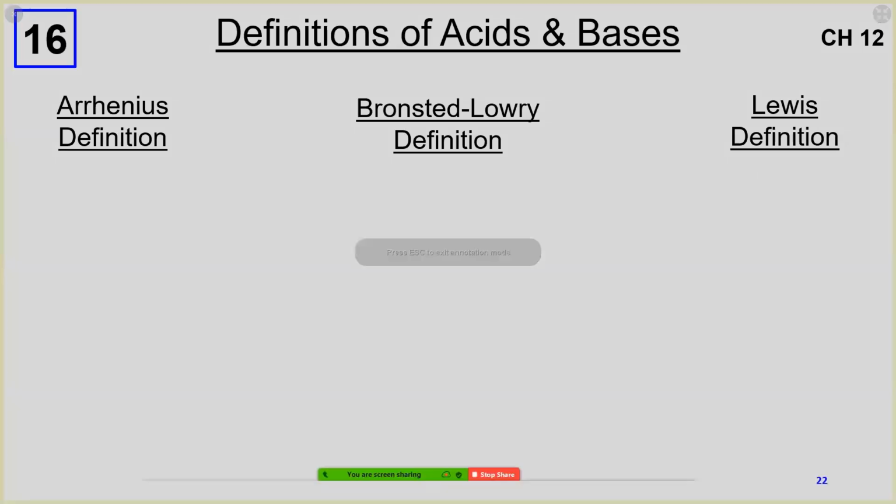So according to Arrhenius, an acid is anything that produces a hydrogen ion. And a hydrogen ion is also known as a proton. Okay, so this is a proton.